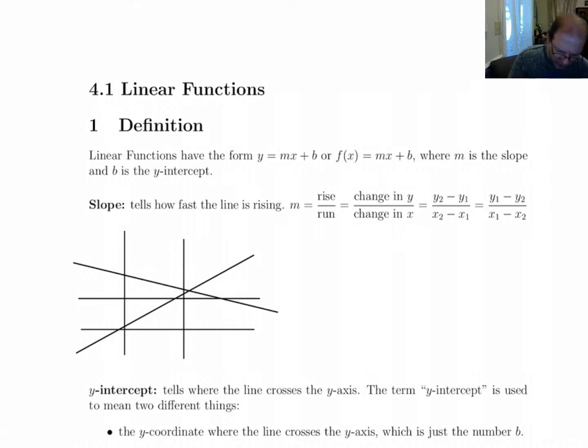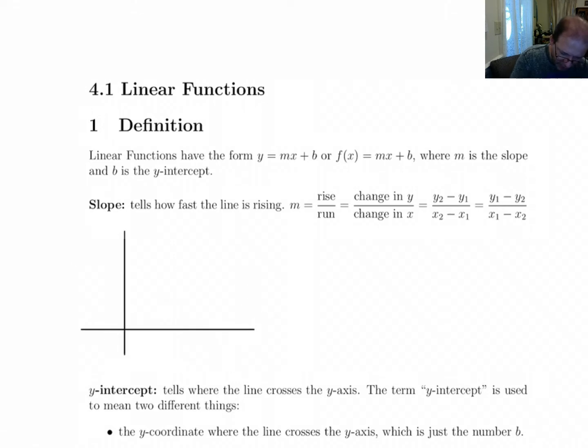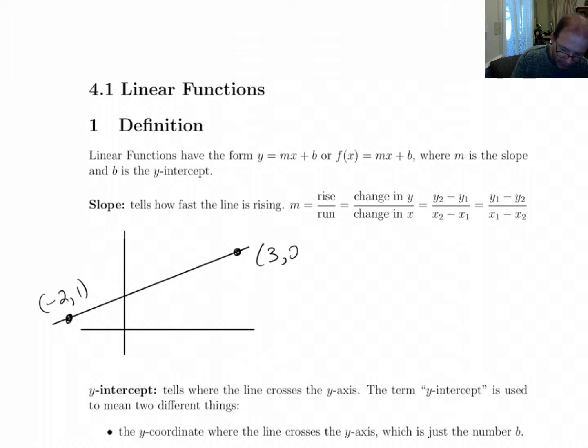So let's do a quick calculation here. I'm going to erase this and draw in another line. Let's say we have a line like this, and two of the points on it are (-2, 1) and (3, 2).